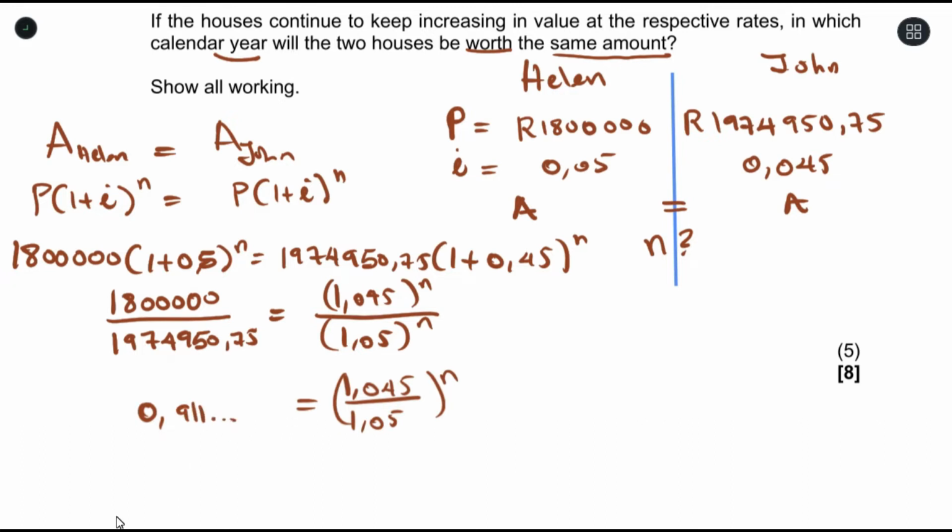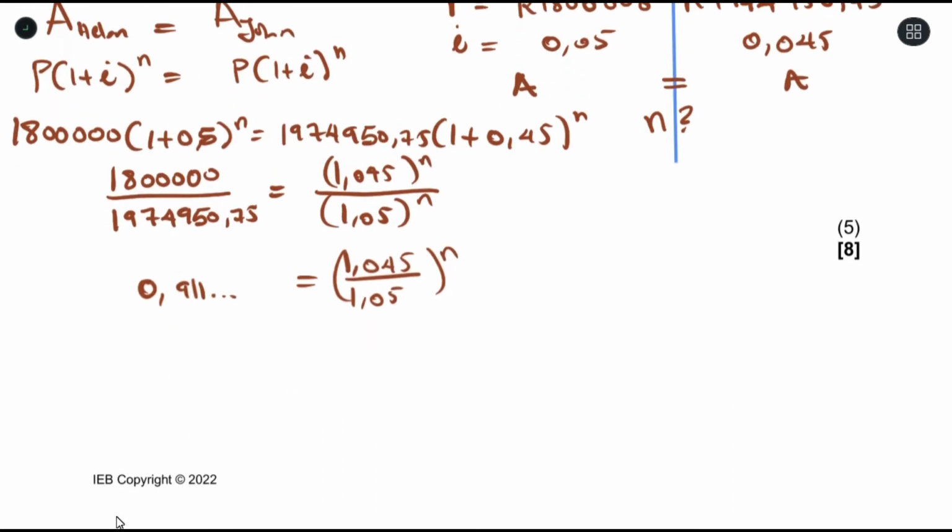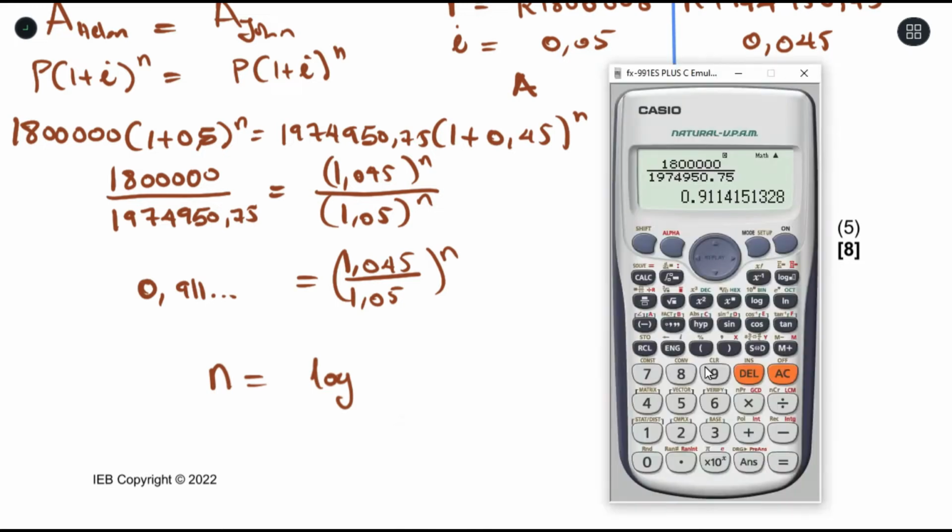0.911... Now, to get our value for n, we need to use logs. So using logs, we can rewrite this as n equals the log of the value. Let's see if we can simplify this: 1.045 divided by 1.05 is 209 over 210.